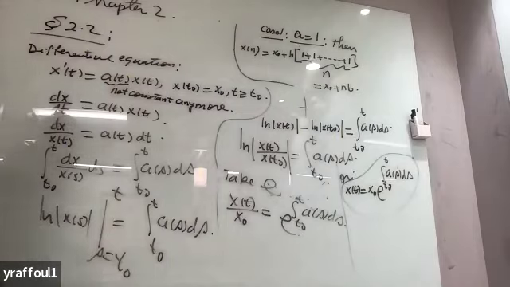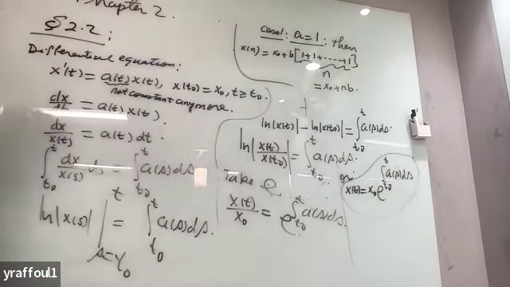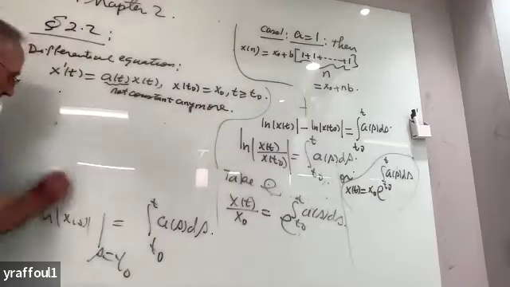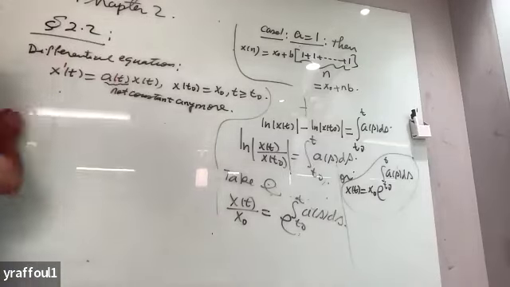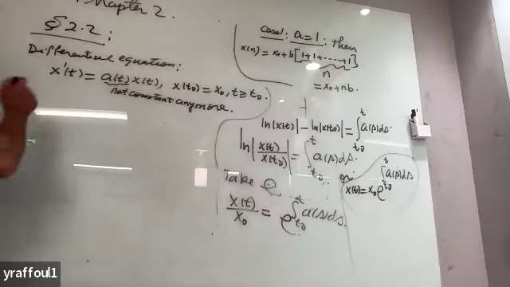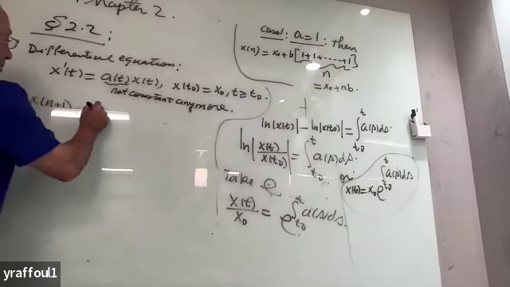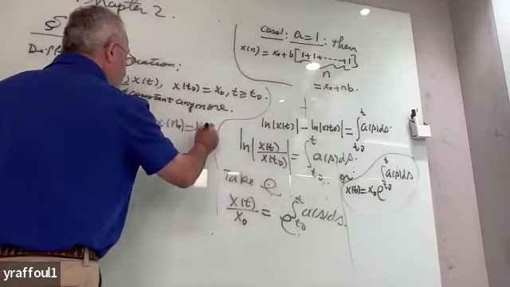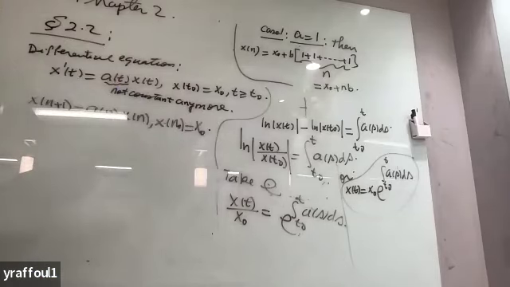All right. So it turns out, for the difference equation, if I have x(n+1) equal a_n x_n with x(n0) equal x0, we are assuming that a_n is not 0.